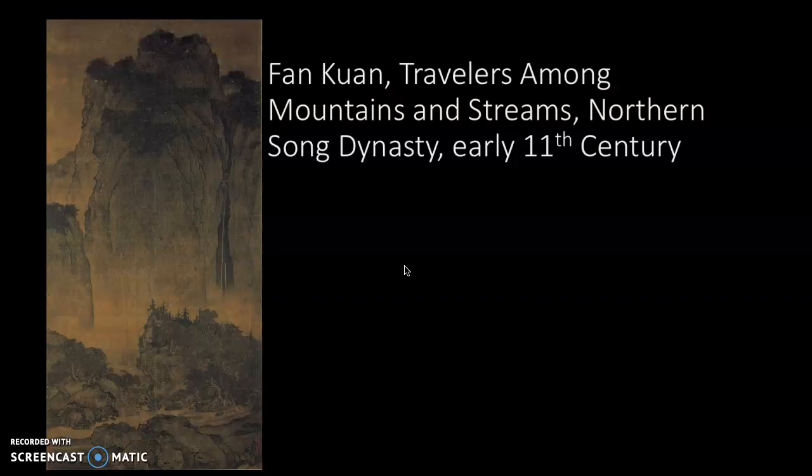And the term for landscape painting in Chinese, that I'm not even going to try and pronounce to you, is translated as mountain water painting. Fan Quan lived during a period of political upheaval, and so it's possible that there's some kind of deeper messages for us in these works.